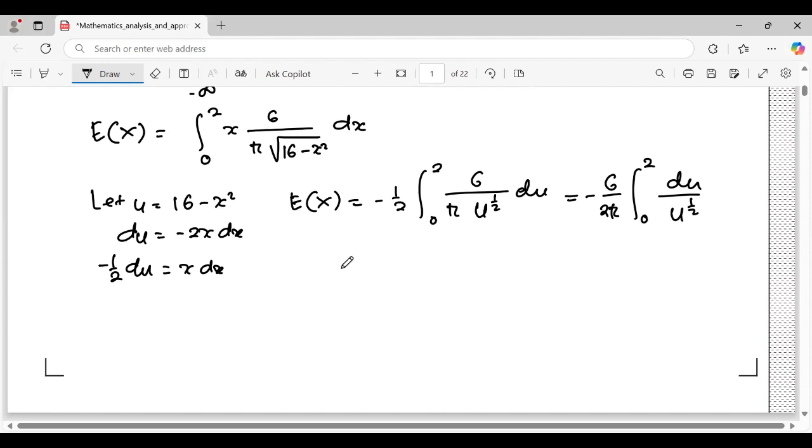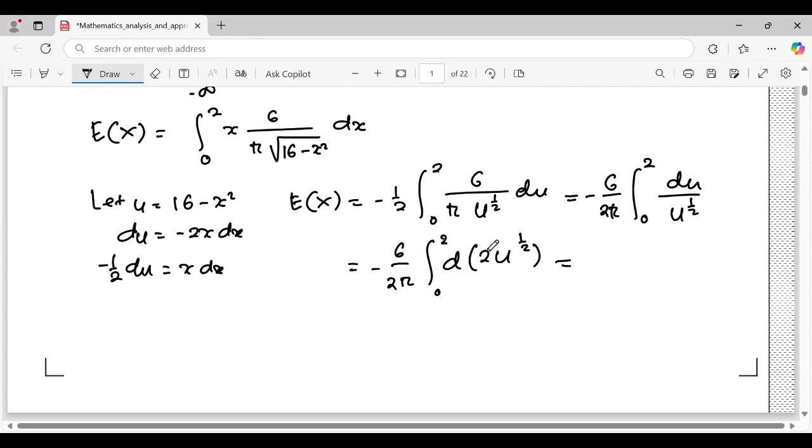So it becomes minus 6 over pi... I'm going to find that the integral of this function is 2 u power positive half.